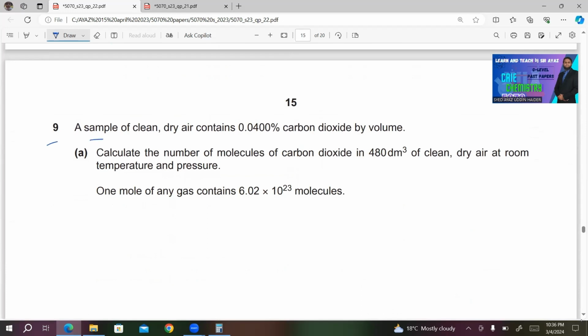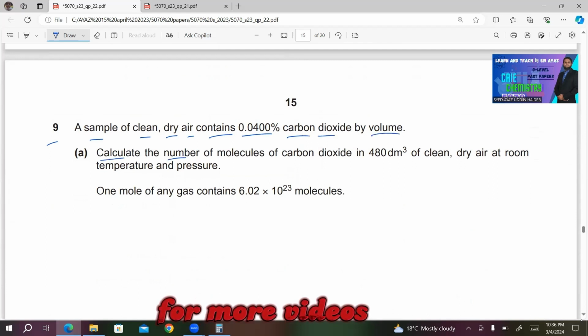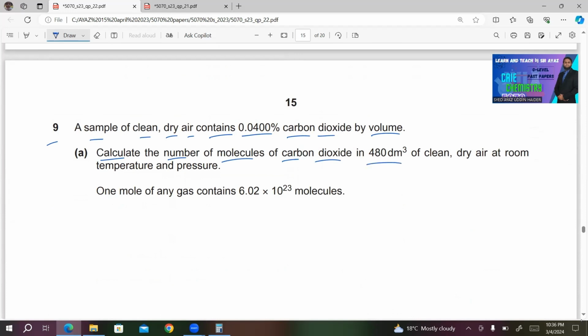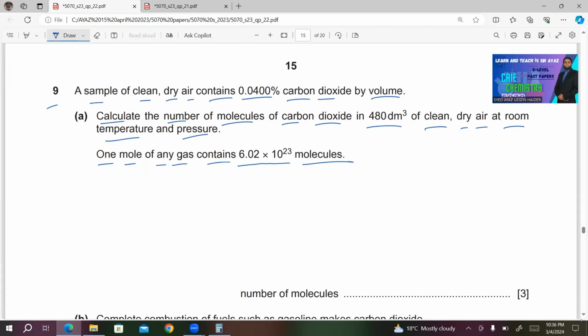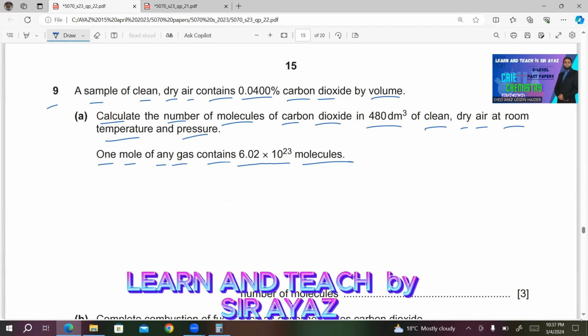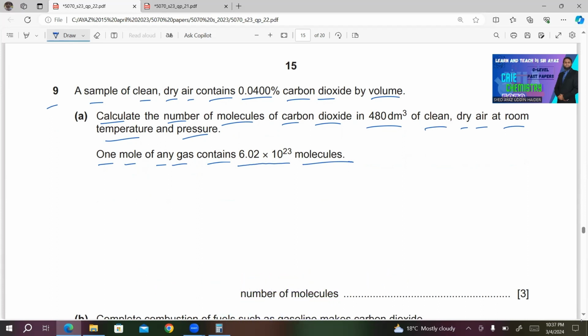Number 9, a sample of clean dry air contains 0.04% carbon dioxide by volume. Calculate the number of molecules of carbon dioxide in 480 dm³ of clean dry air at room temperature and pressure. 1 mole of any gas contains 6.02 × 10^23 molecules. First of all, I need to calculate the volume of carbon dioxide, as the percentage is given by volume, in 480 dm³ of clean dry air.